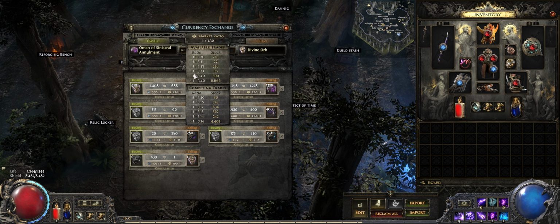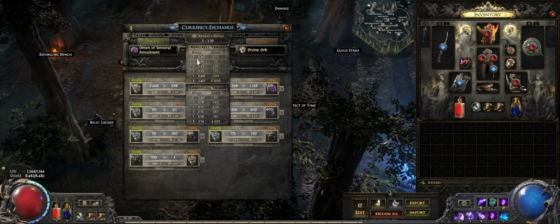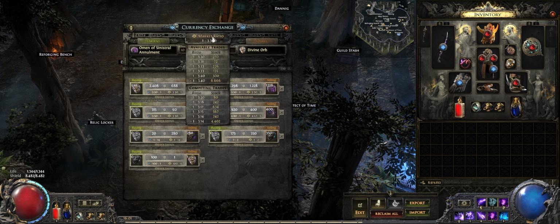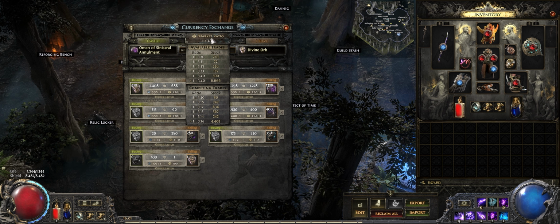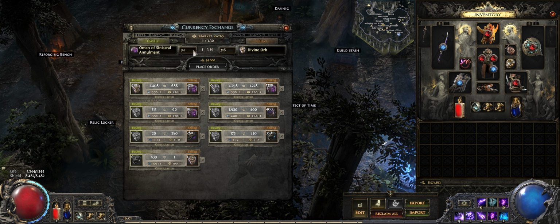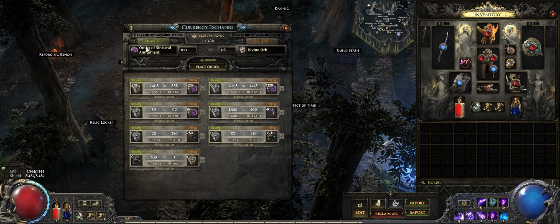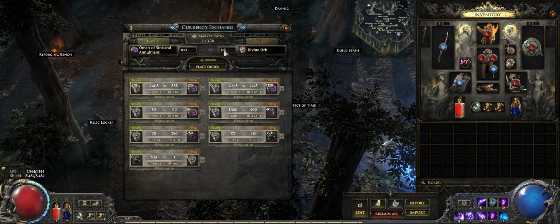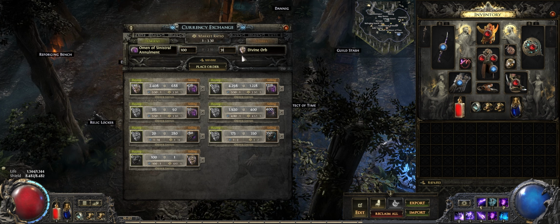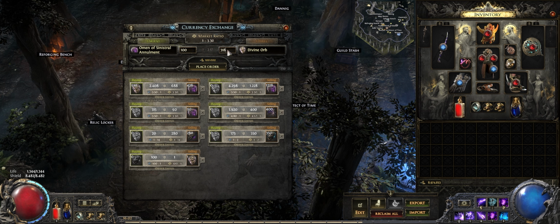Sure, you could just multiply whatever decimal you see right here by 100, since the ratios only have two decimals. So if someone's selling at, let's say, 3.16 and you were buying at that ratio, you could just buy 100 Omen of Sinistral Null for 316 Divine Orb. And of course you could modify all of these values like that.